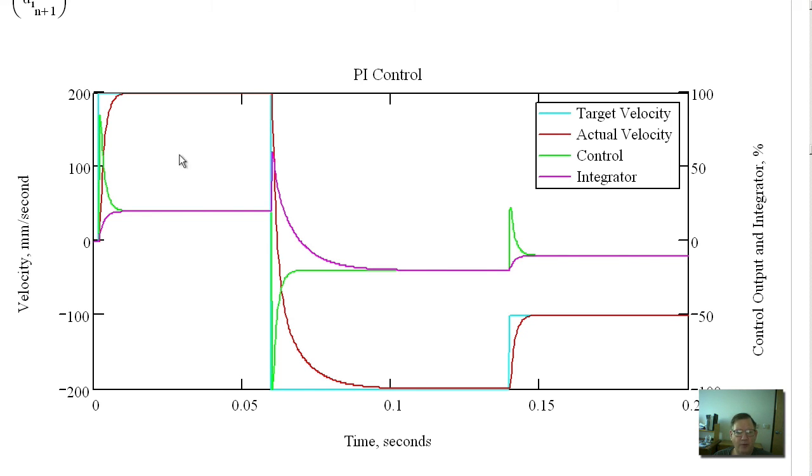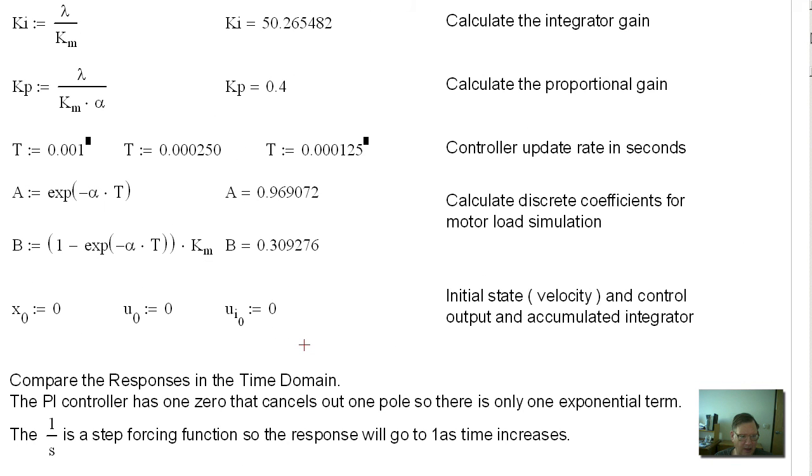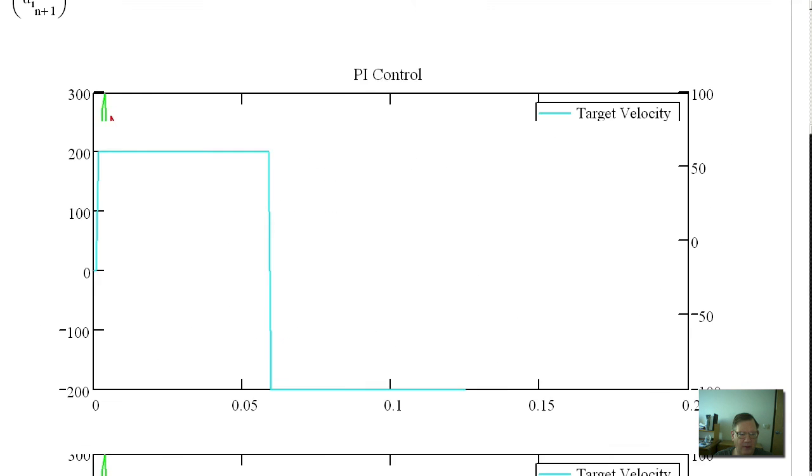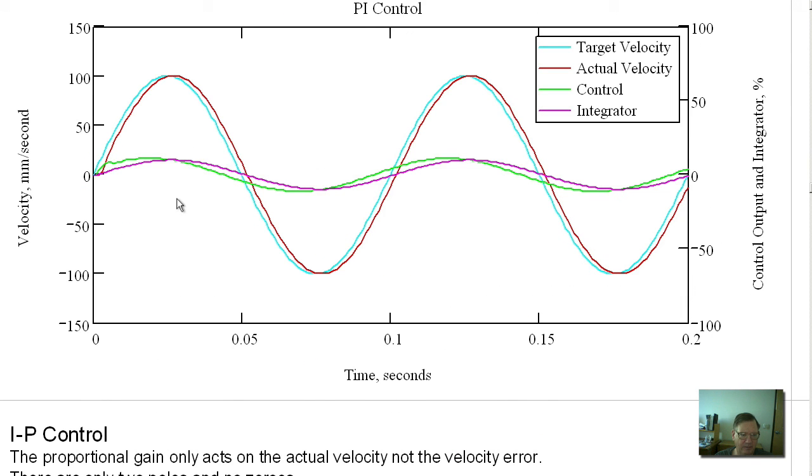Even if we didn't have 4 kilohertz sample rate, and I enable this again and disable this, as long as you're moving at slower target velocities, like in this sine wave, you won't have any overshoot, you won't have any problems.